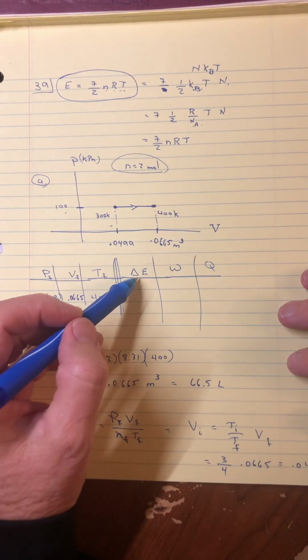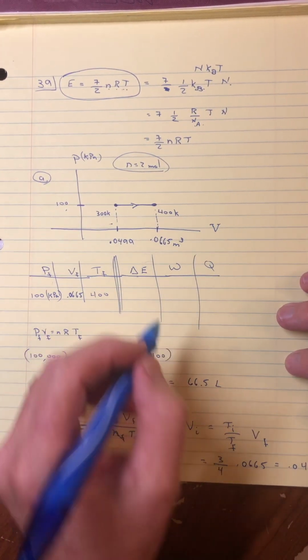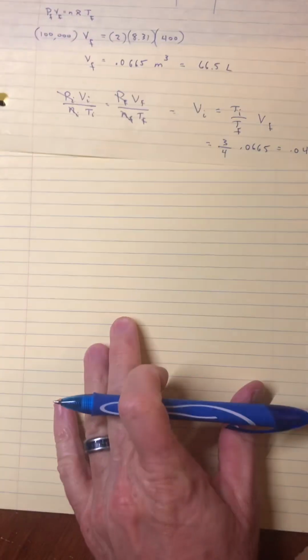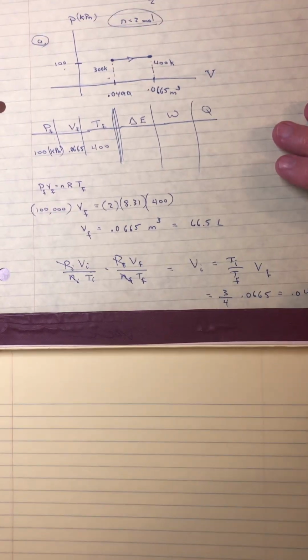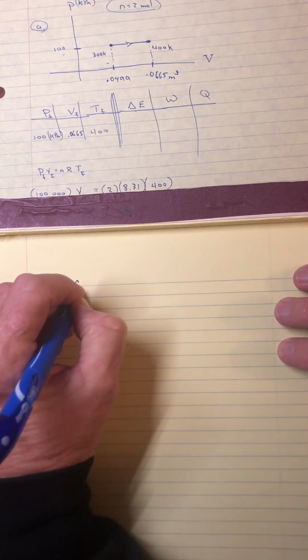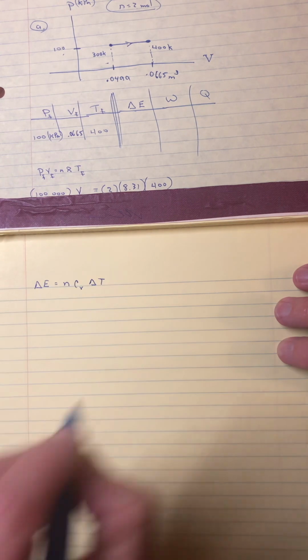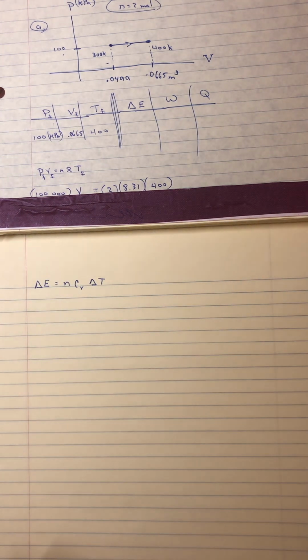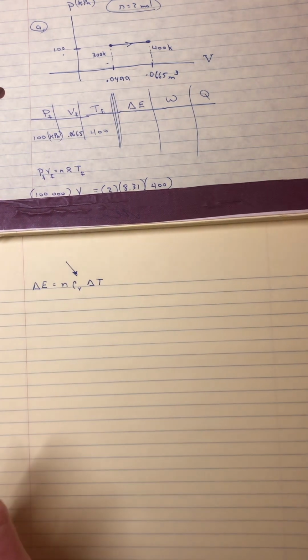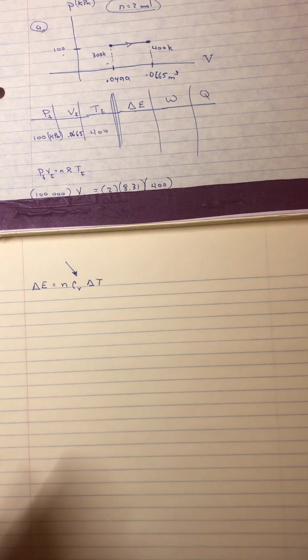Option 2 is the state function. And so that is the delta E. Maybe I'll do something like this so I can still see the delta E here. But the delta E is nC_V delta T. And this is where the number of degrees of freedom comes into play.